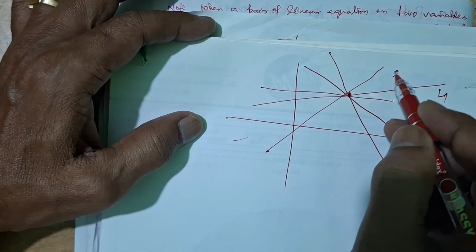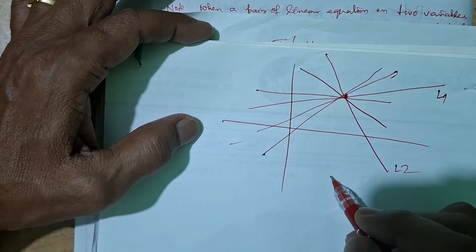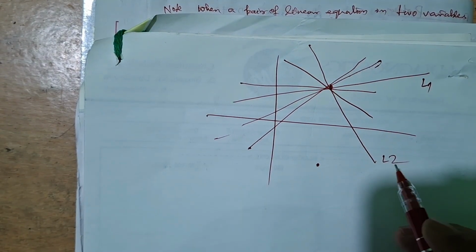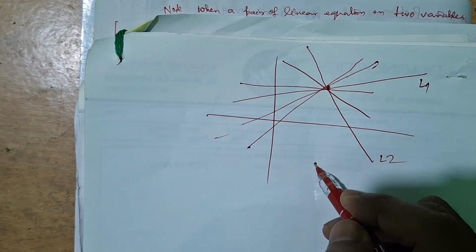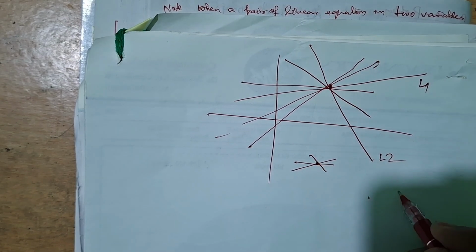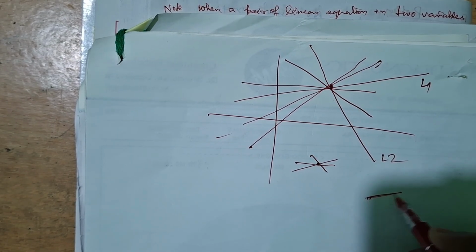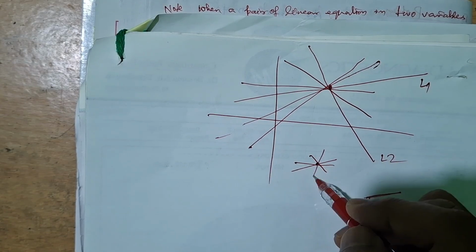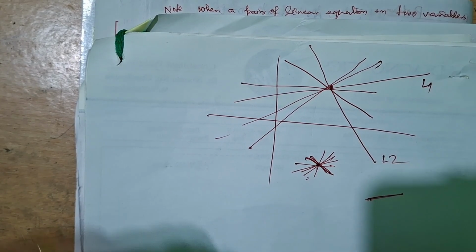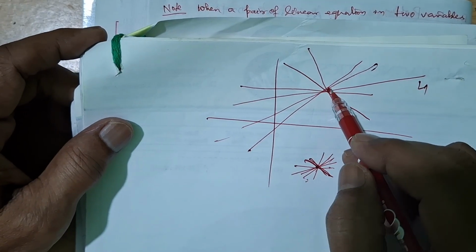So through a single point, as in our earlier classes, class 9, 8 or elsewhere, we can draw so many straight lines. But through two points, we can draw only one straight line. But through a single point, we can draw infinitely many straight lines. This aspect is done here.